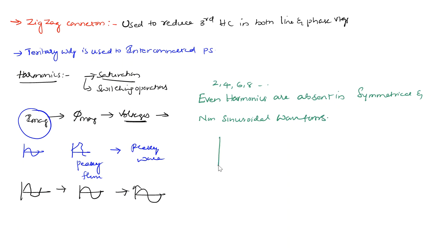For example, take a square wave, which is a non-sinusoidal waveform. In this square wave, the second order harmonic is absent, so the second order will be 0. Next, third harmonic currents have no effect in single phase transformers. These are the third order harmonics.